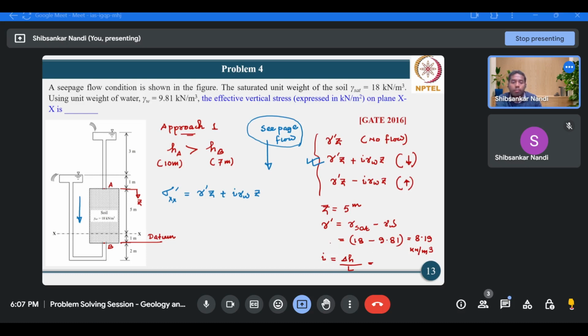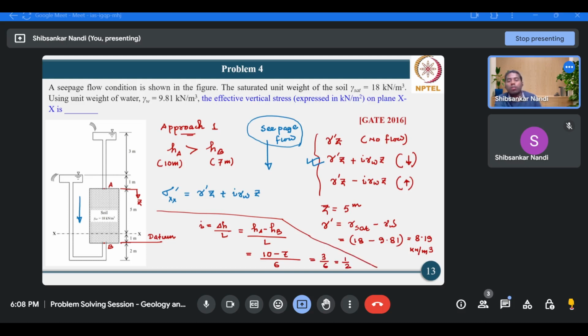So i is delta H by L, where delta H is HA minus HB, divided by L. HA is 10, HB is 7 and L is 6. So 3 divided by 6, that is half.